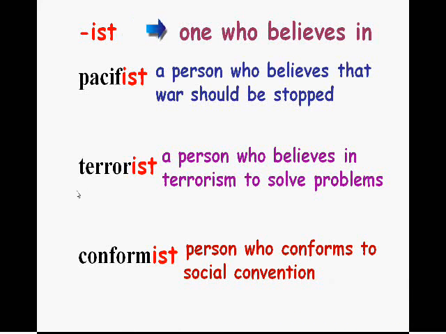Conformist, a person who conforms to social conventions. So he agrees to all social conventions and the community and what they represent. So the suffix -ist means one who believes in something.